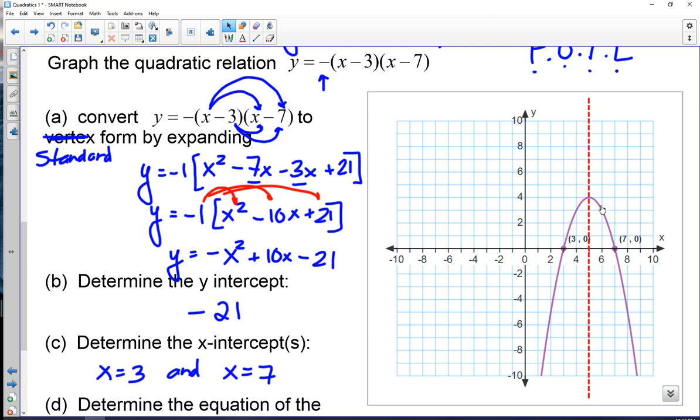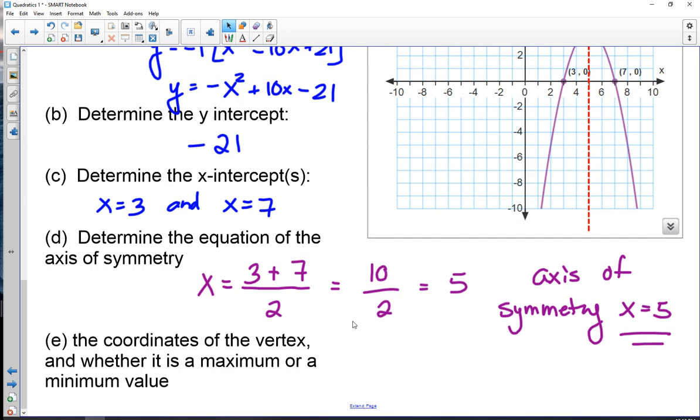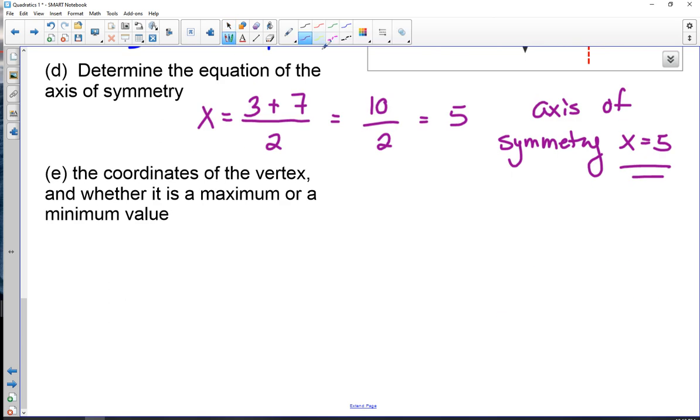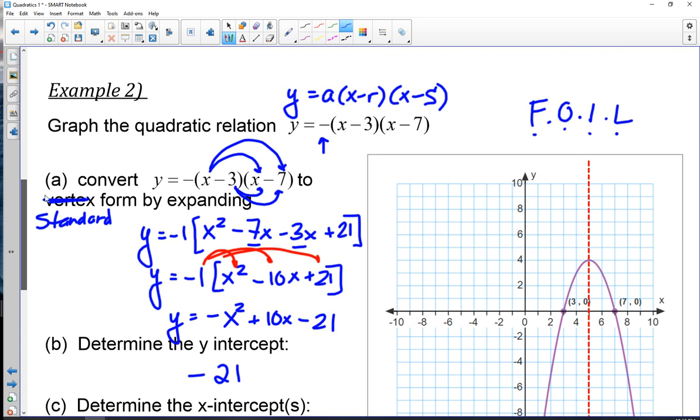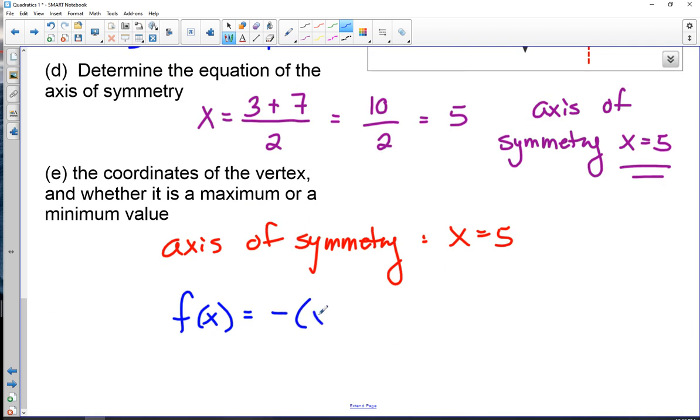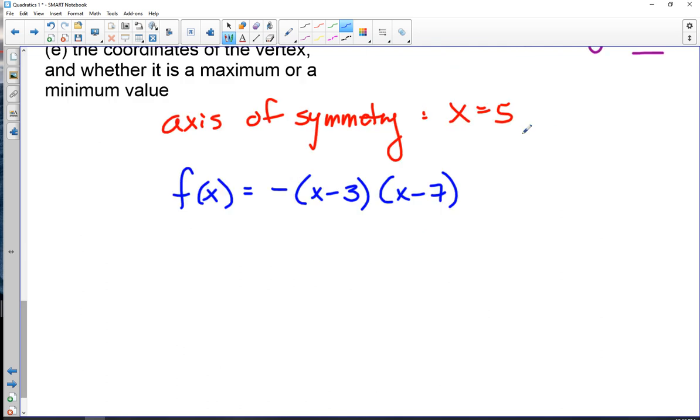Now we can determine our vertex once we have the axis of symmetry. So if we know that our axis of symmetry is x is equal to 5, and if we know our equation, I'm going to write it in function notation, f of x is equal to negative 1 times x minus 3 times x minus 7, I can figure out the y coordinate of the vertex by substituting 5 into the equation for x.